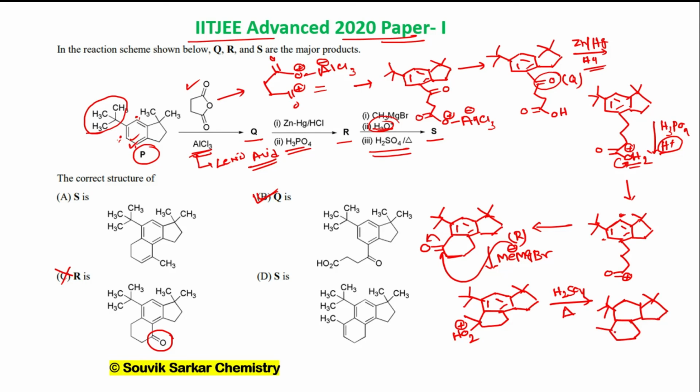There will be a methyl group and a double bond here, and this is our compound S. So in option D they have given compound S, so this option is also true. So in this question the correct options are option B and option D.